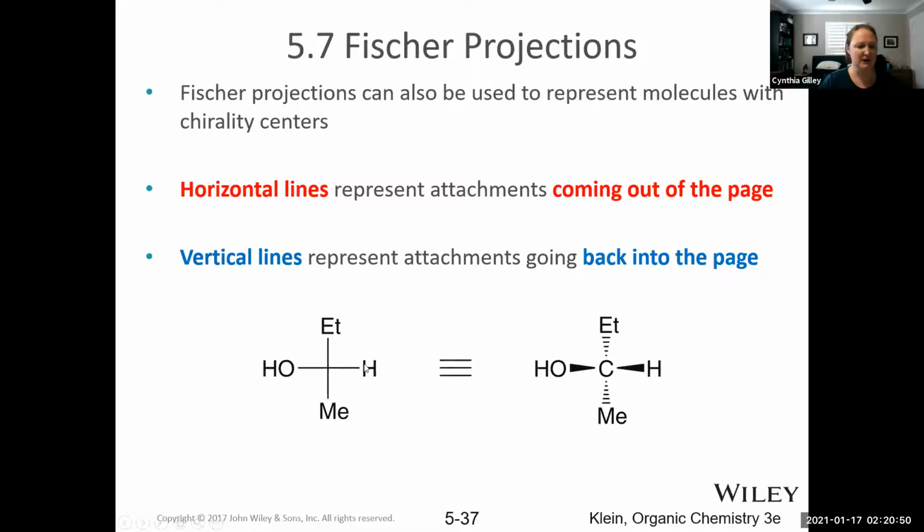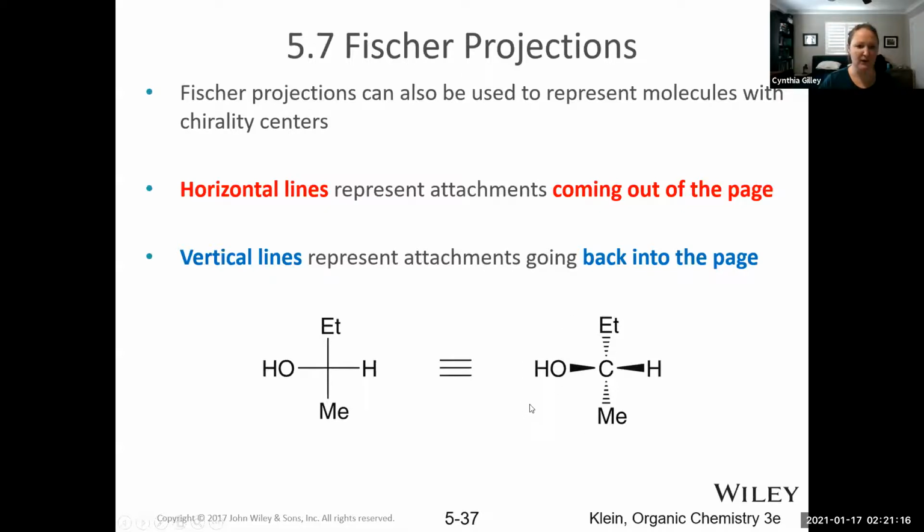What's important to recognize is that the horizontal groups, which again are the hydrogen here and the OH group, are coming out of the plane on wedges. And the ethyl and methyl group, which are on the vertical line, are actually pointed back.